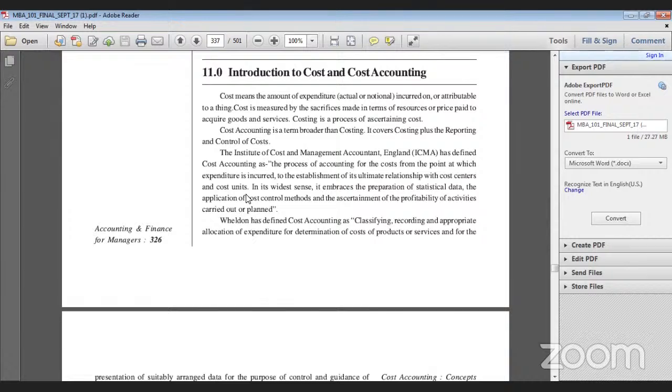In a wider sense, it embraces the preparation of statistical data, the application of cost control methods, and the ascertainment of the profitability of activities carried out or planned. This is the definition.